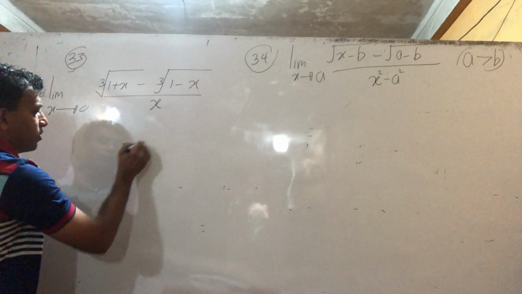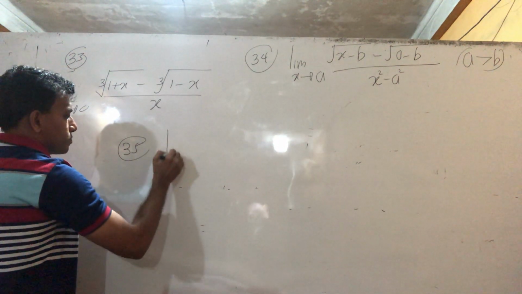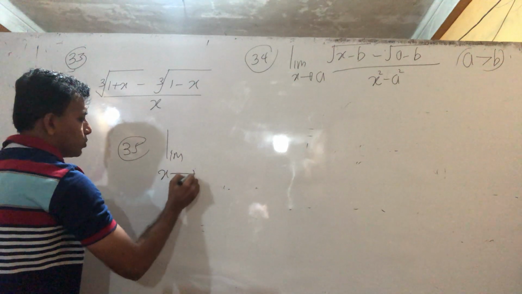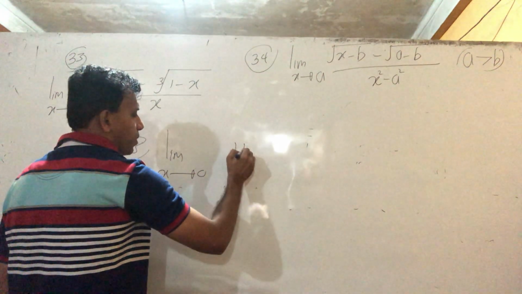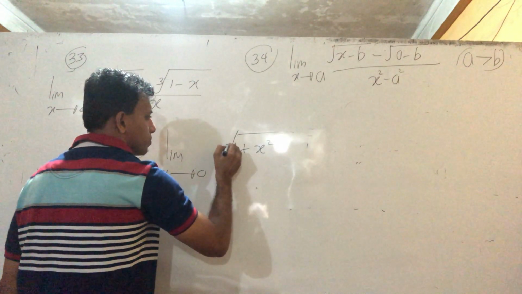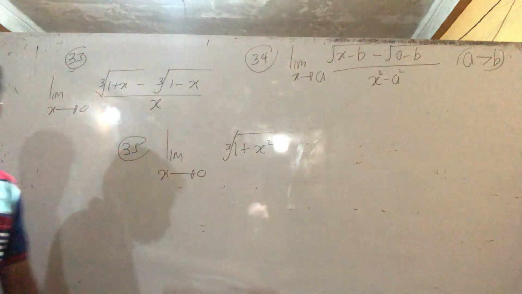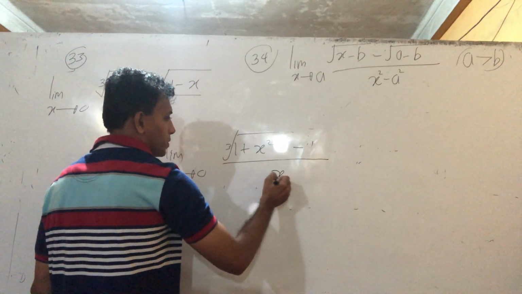Problem 35. Limit x approach to 0, third root of 1 plus x square minus 1 over x square.